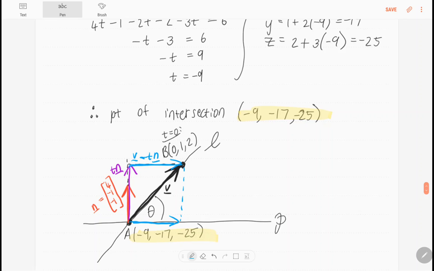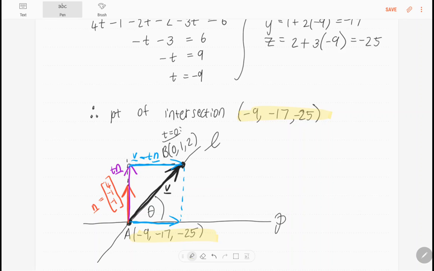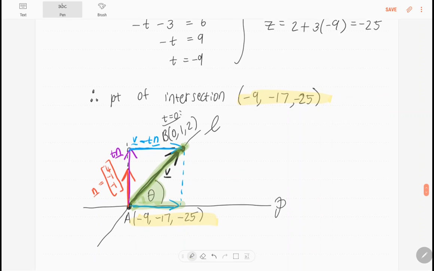So what I have then is the two vectors that I need, this one and this one, in order to calculate this angle.